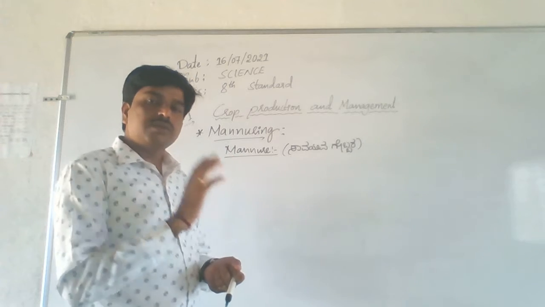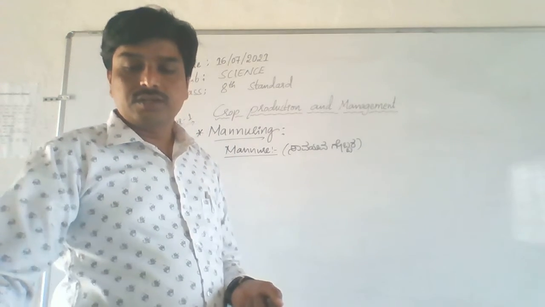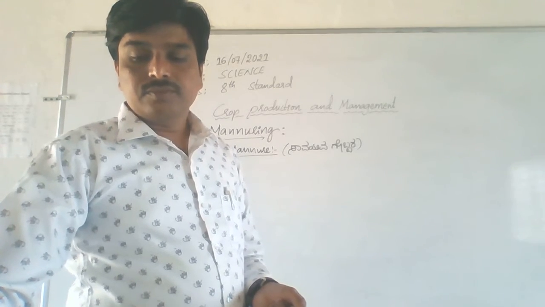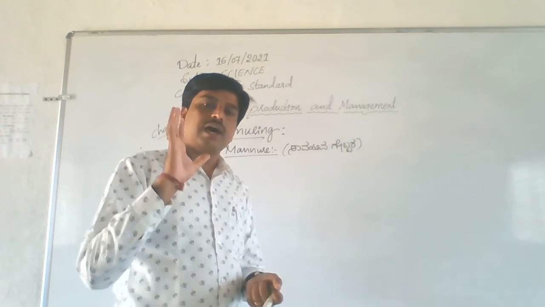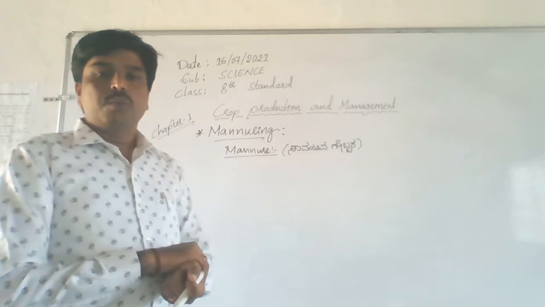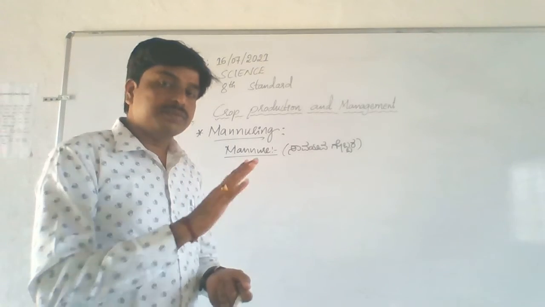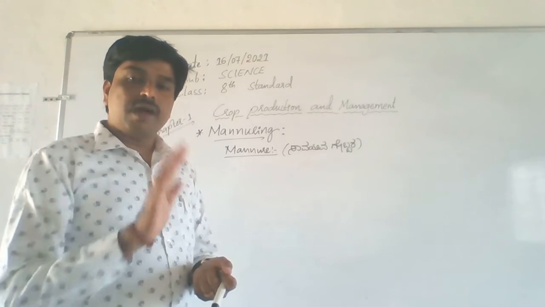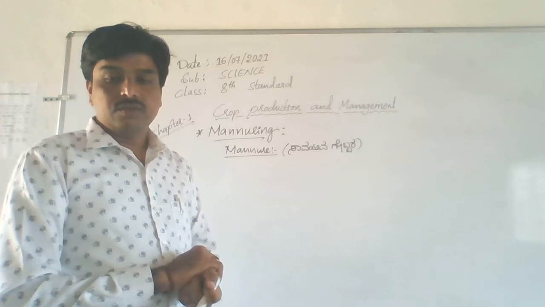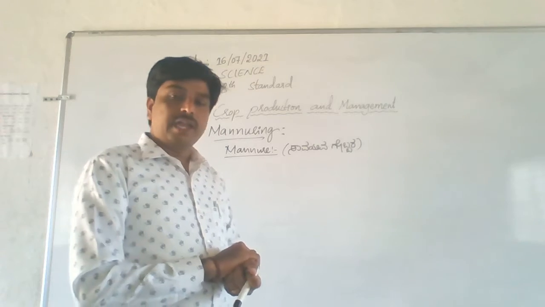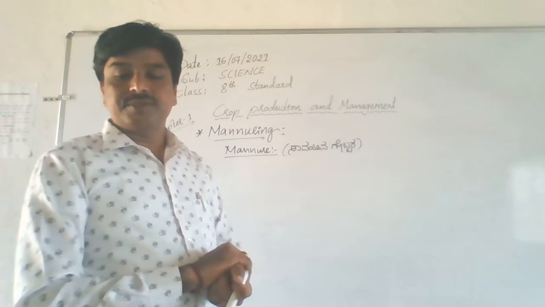Understand? So let's see what this manure is. Manure is an organic matter, or you can say an organic substance, which is formed by the decomposition of animal waste and plant waste.